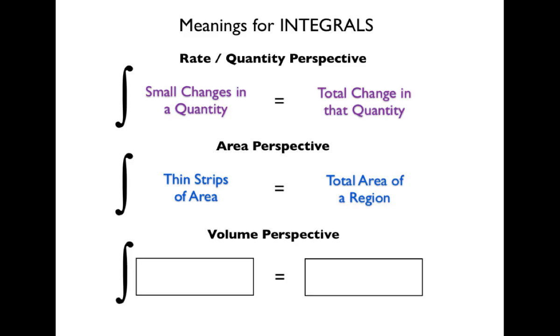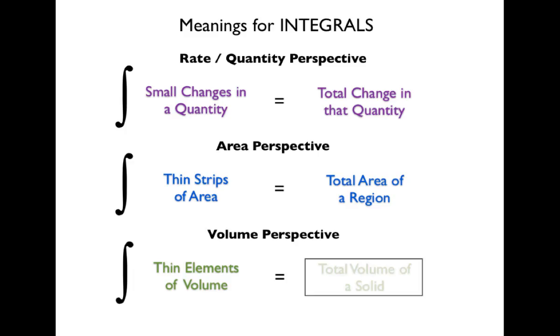There are going to be different elements, but they'll be thin elements of volume, and we're going to get the total volume of a solid. So that's what we're going to start today. But you see the commonality with integration: you integrate a typical little bit of something, and then you sum all those little bits up to get the whole, or the total change, right? There's this common theme with integrals.